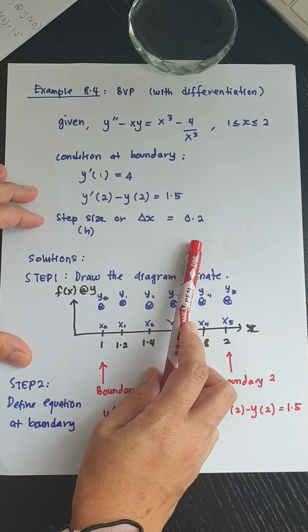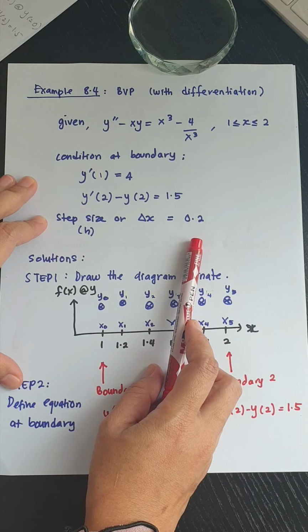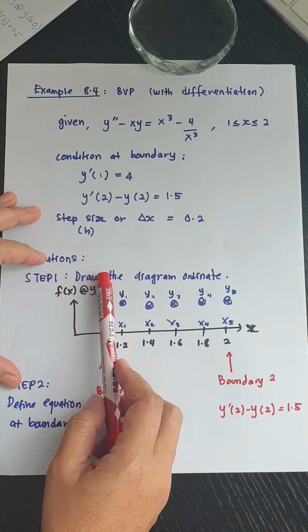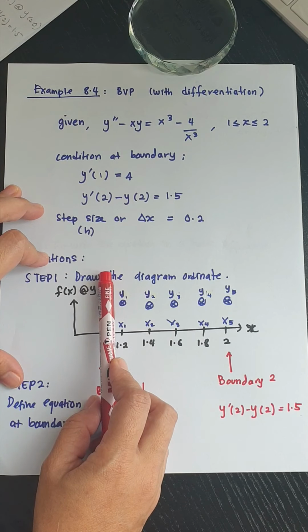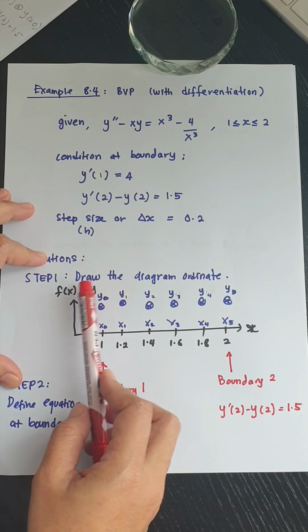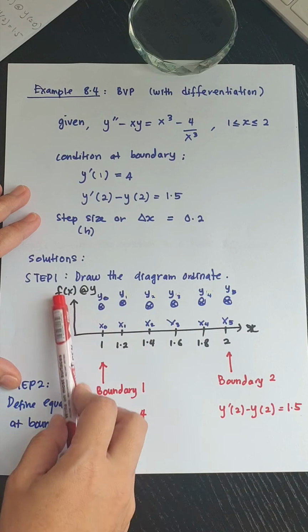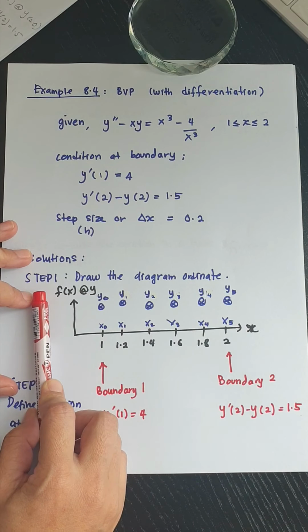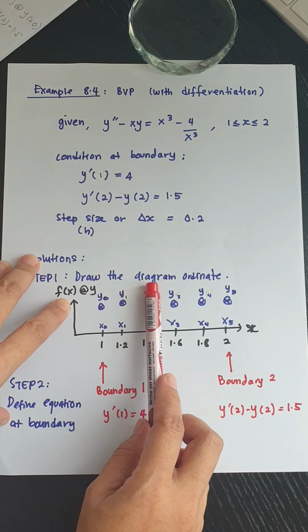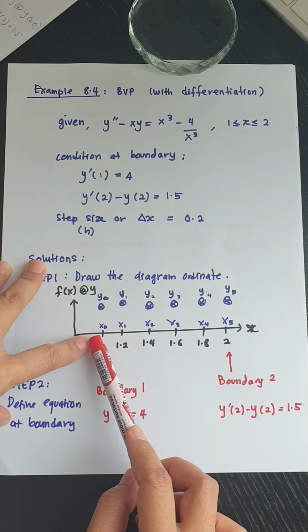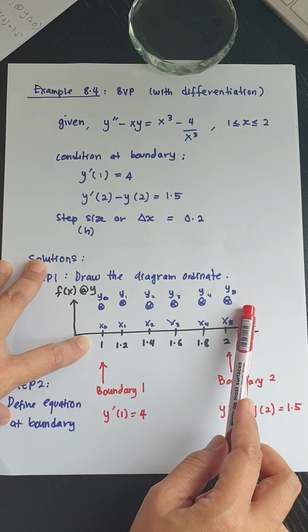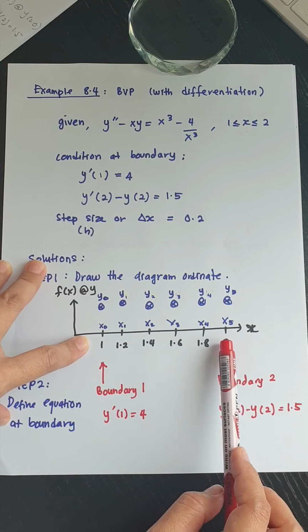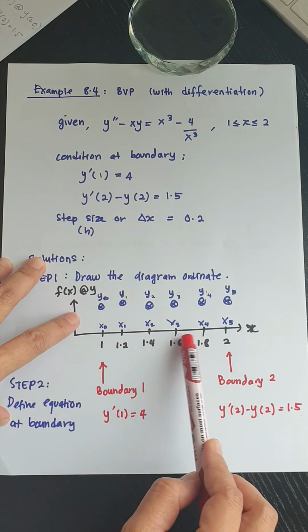Okay, the same as what you have done in the method without derivatives, you also have to go through the 5 major steps that I've mentioned in the previous video. So here in step 1, you first draw the diagram ordinate to show your data set and all the information that you have from the question.